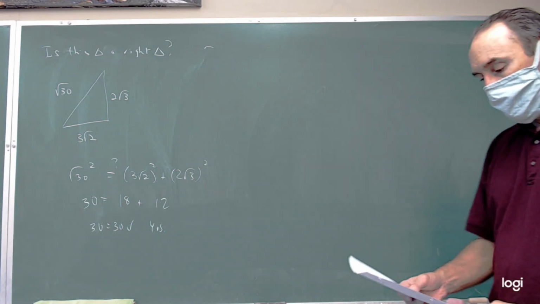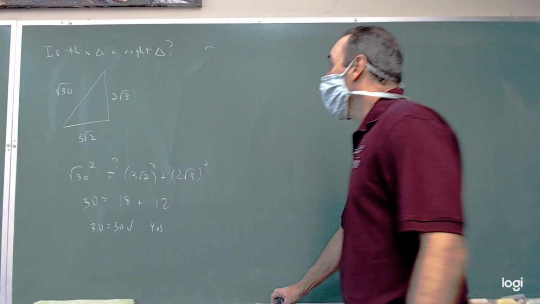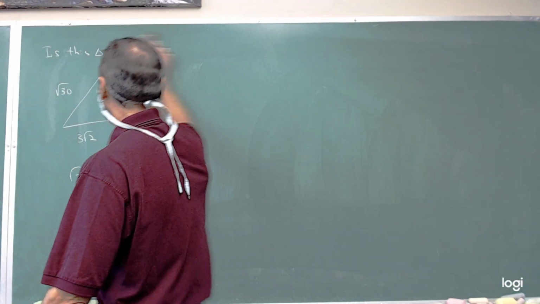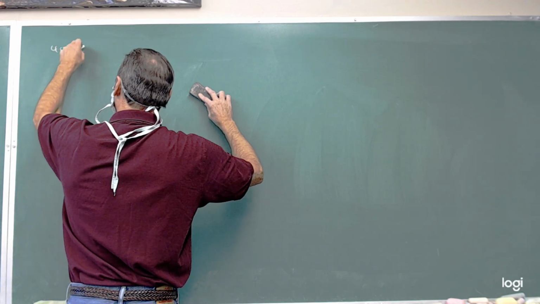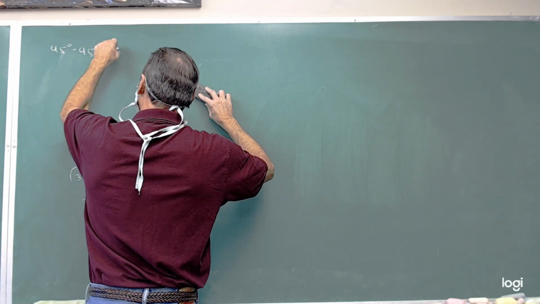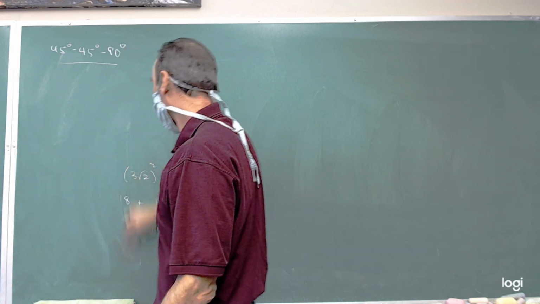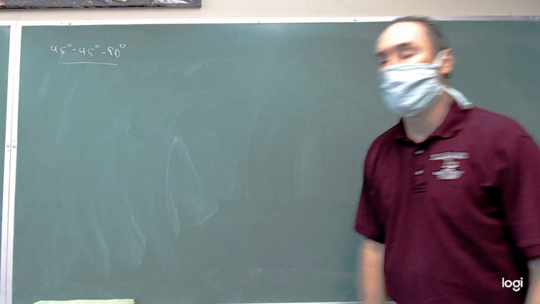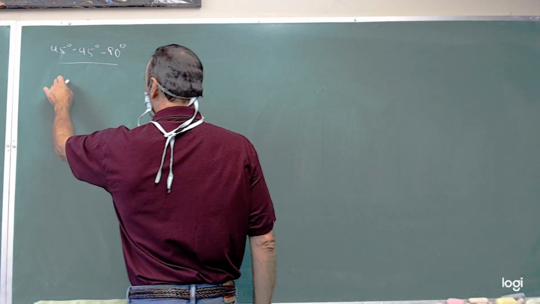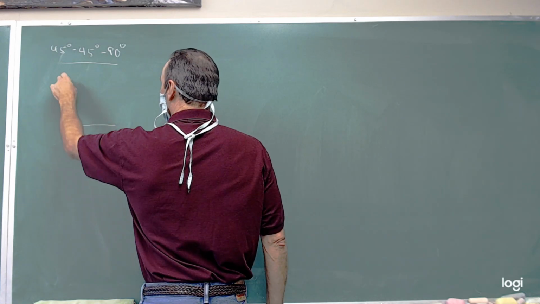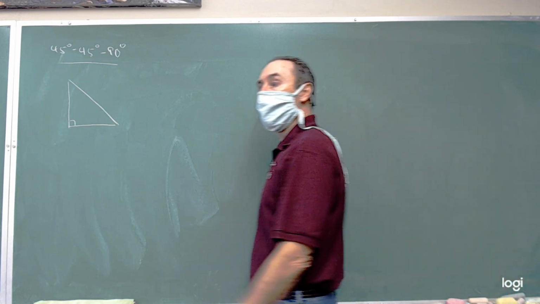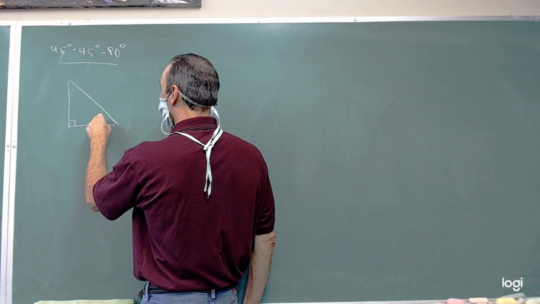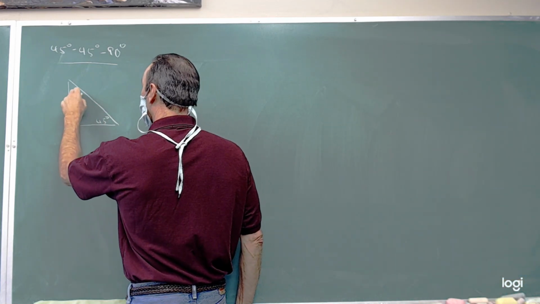Okay, so let's from here talk about some of our special triangles, and one of those is what we refer to as a 45, 45, 90 triangle. So a special case of a right triangle. And in a 45, 45, 90, we know that we have a right angle, so there's a 90-degree angle. And the other two angles are the same, so they're both 45 degrees.